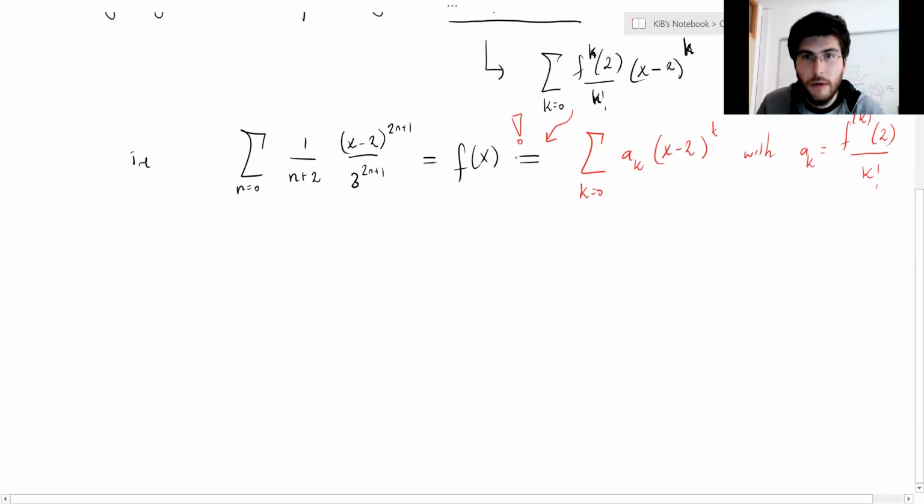As I said, this equality is not true in general. But we are lucky.